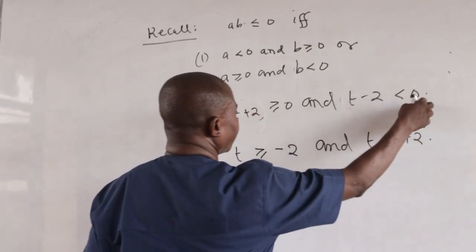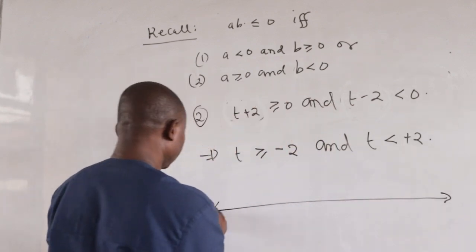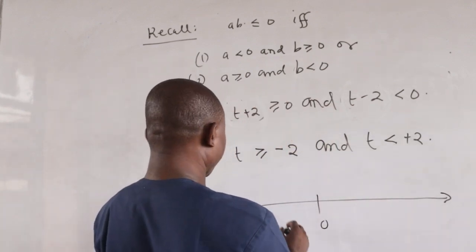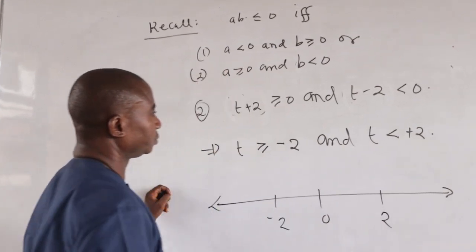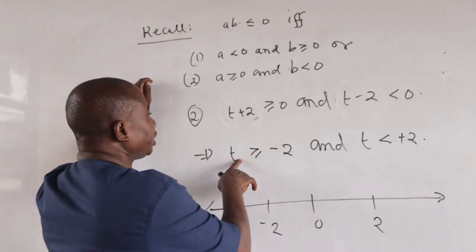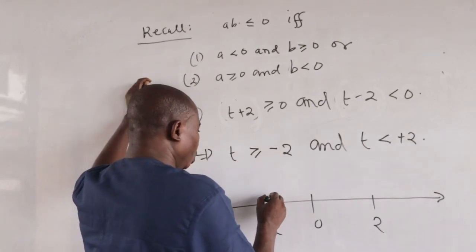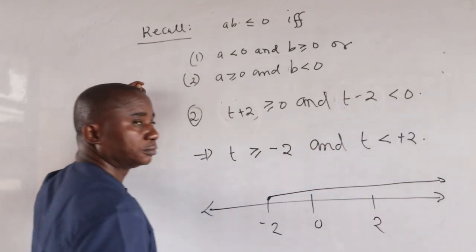So if again we graph this, this is 0, this is negative 2, this is 2. All t greater than or equal to minus 2, I am here. It goes to plus infinity.